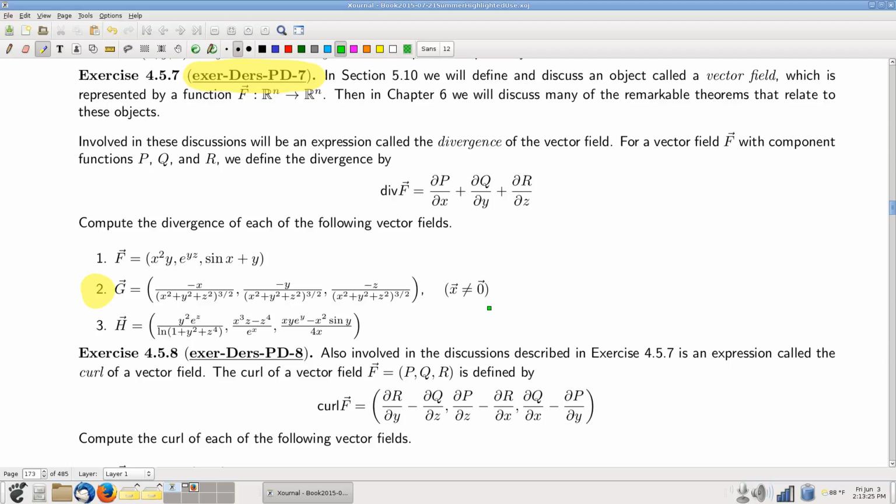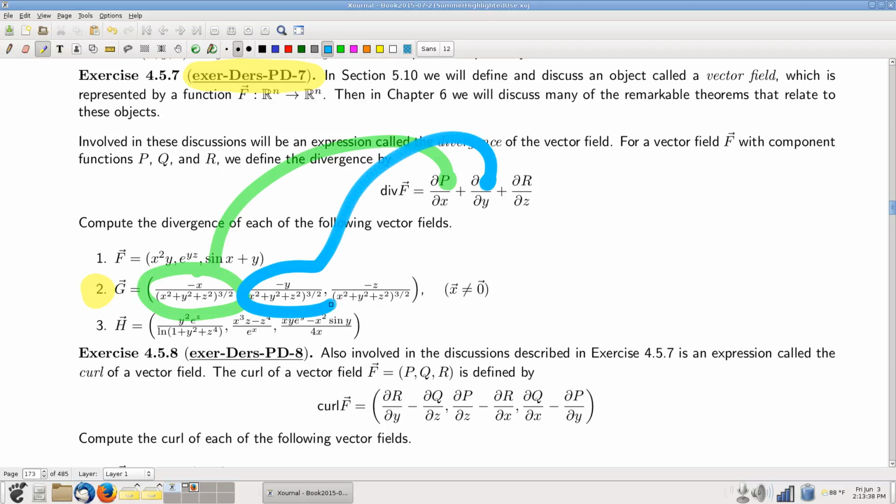Let's notice some patterns real quick, by the way. The first component, P, looks a lot like the second component, Q. It's just that the numerator is different, right?